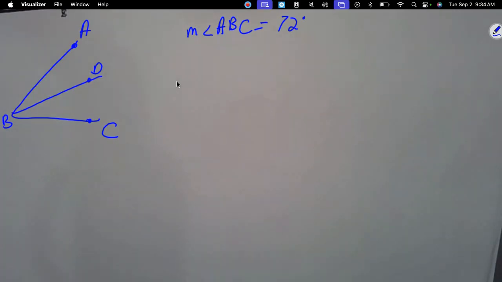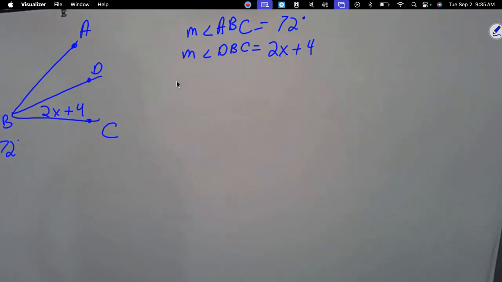The measure of angle DBC is 2x plus 4. Where is DBC? This right here. ABC is the whole thing. Does everybody understand the 2 things I'm telling you so far?